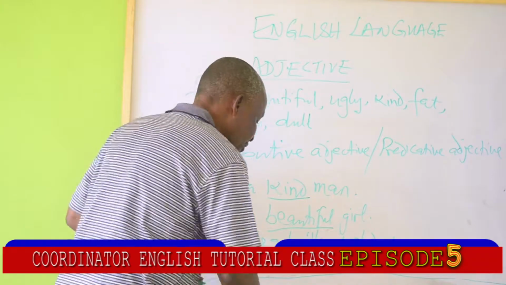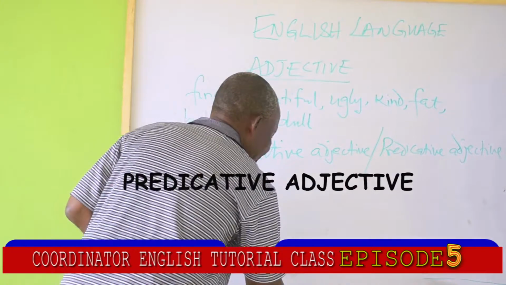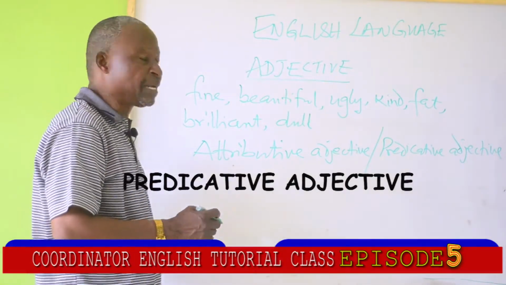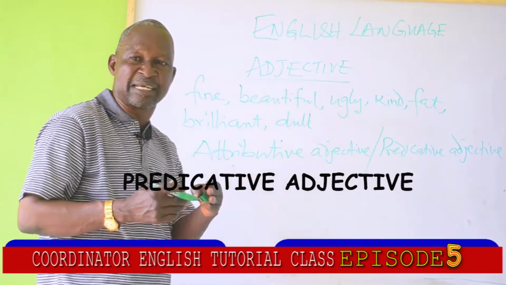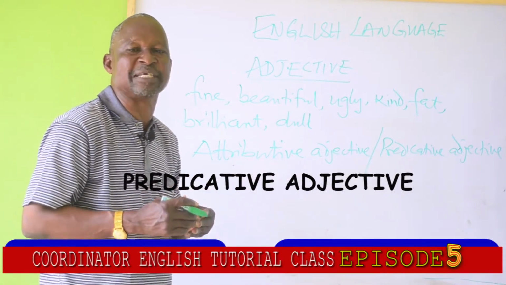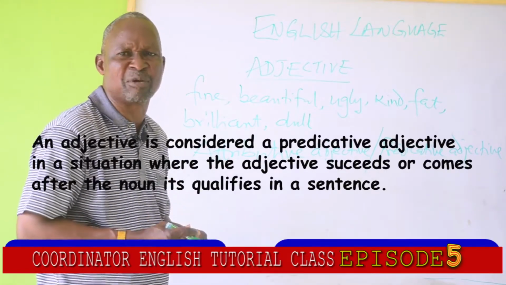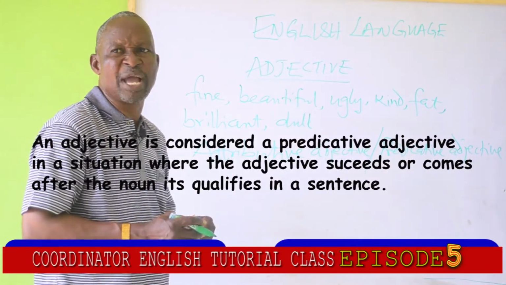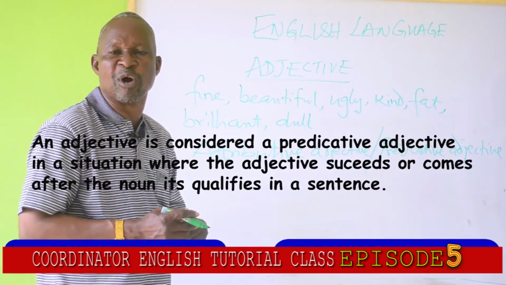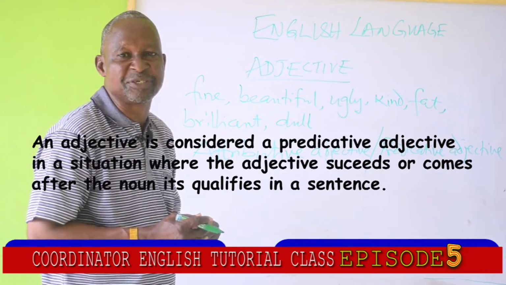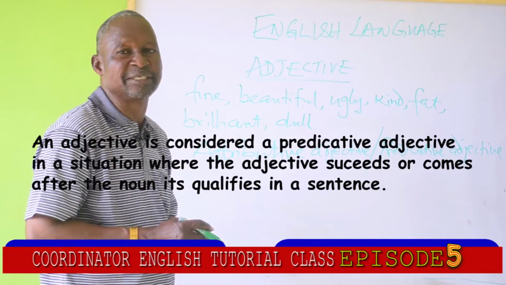On the other hand, we speak of predicative adjectives. We recognize an adjective as a predicative adjective in a situation where it comes after the noun it qualifies. When it comes after the noun it qualifies, we conclude that it is a predicative adjective.